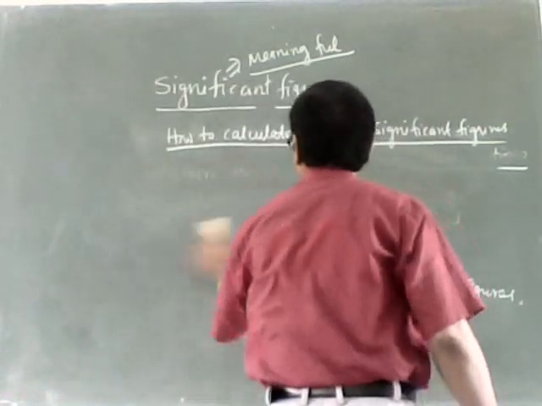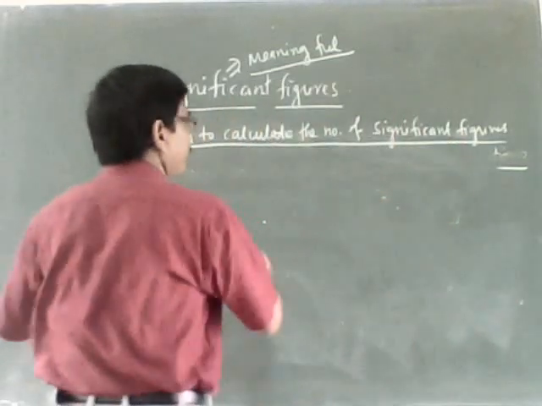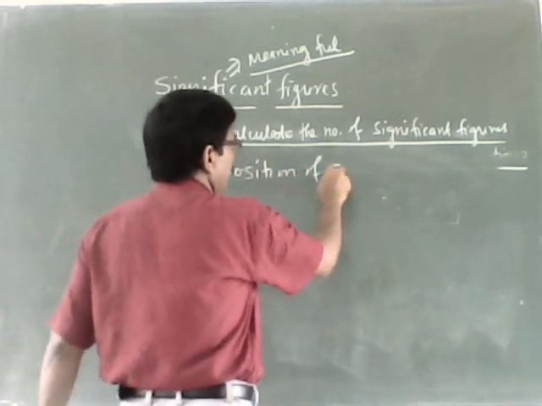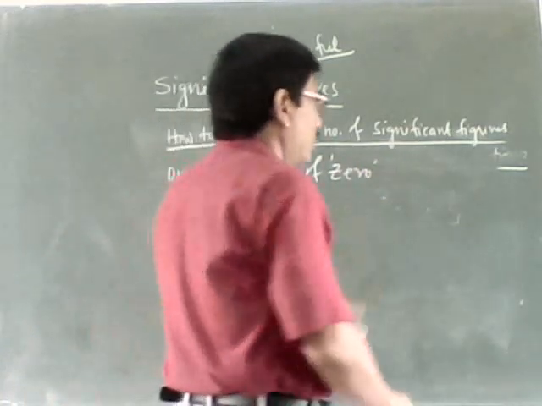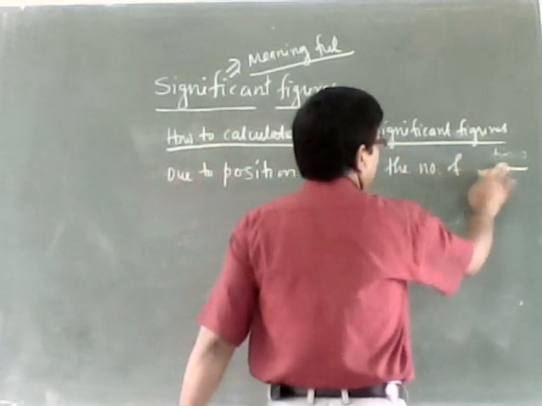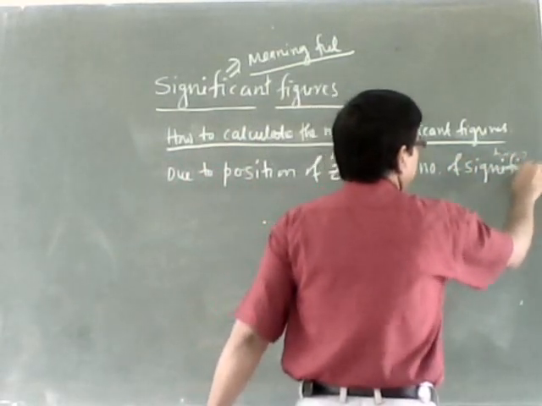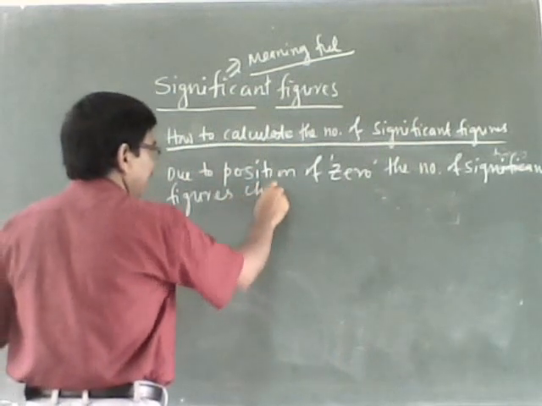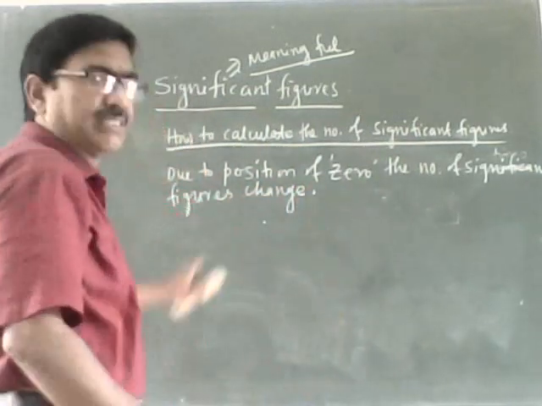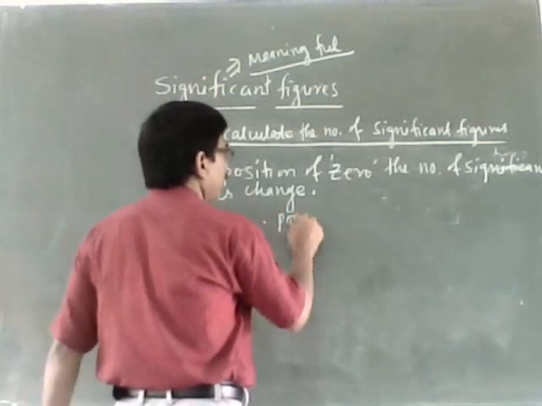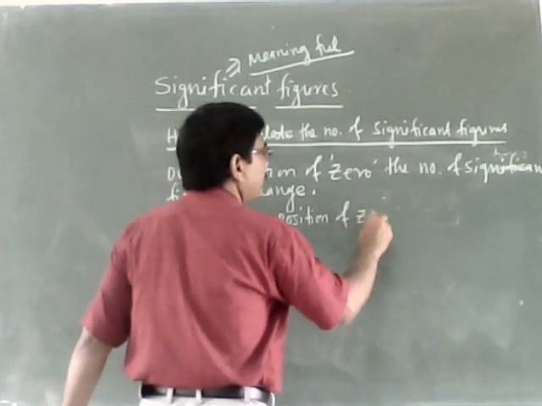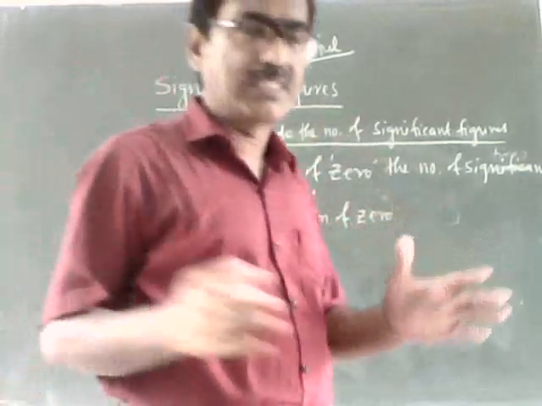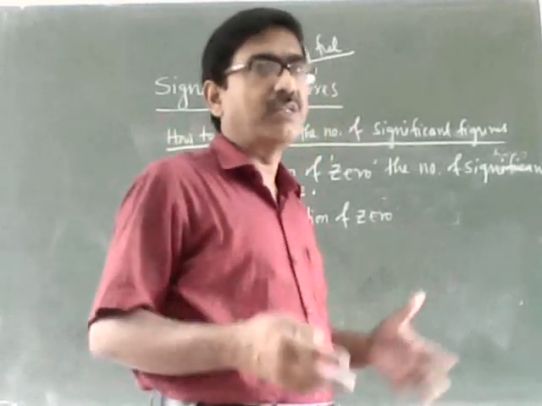There are trapped zeros, leading zeros, and trailing zeros.